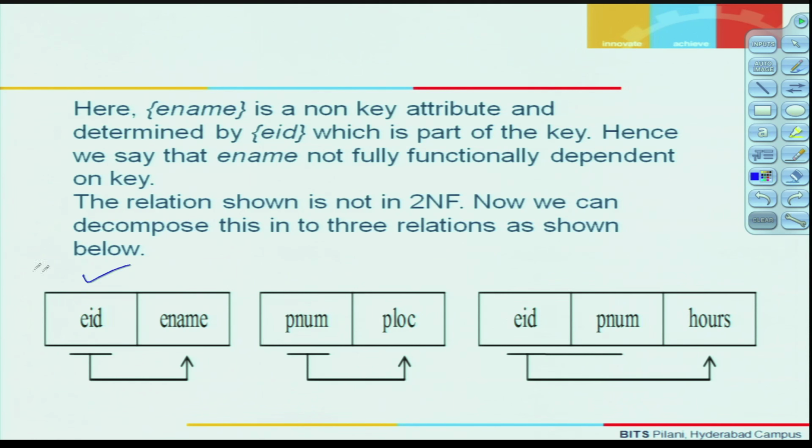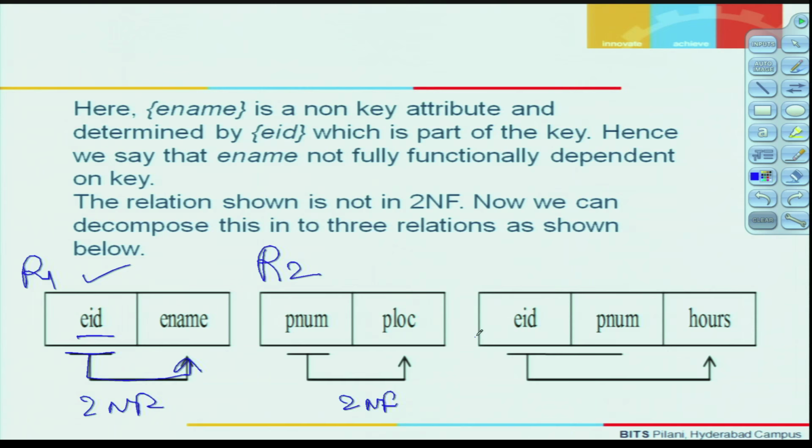Next, pnum determines p location also violated the second normal form condition, so make the union of x and y and put it in a separate relation R2. For R1, EID determines ename is the only functional dependency available, there is no partial dependency, hence it is in second normal form. And R2 is also in second normal form.